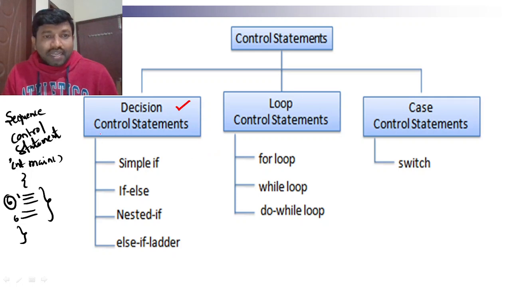If I have written instructions 1 to 10 in my program, I may not execute all the instructions. Based on the condition, I may execute some set of instructions. Out of 10, maybe 5 instructions get executed and 5 may not. That's what decision control statements are.